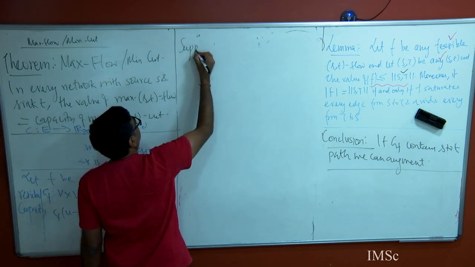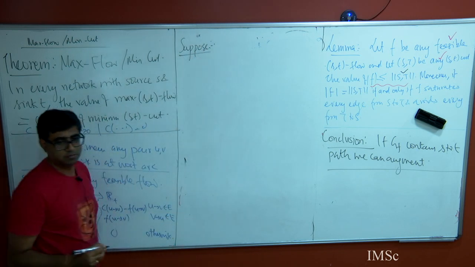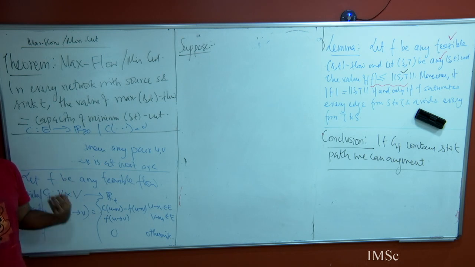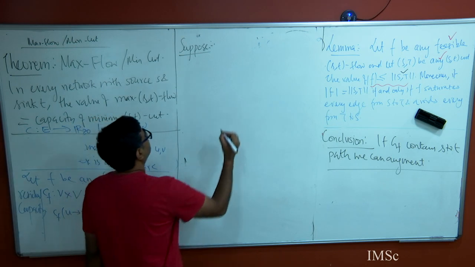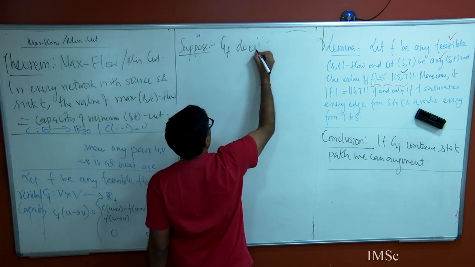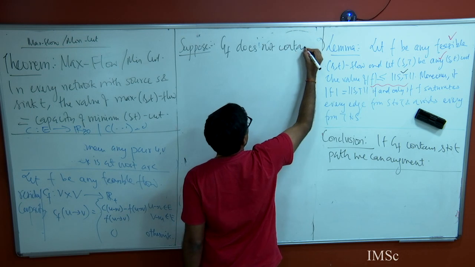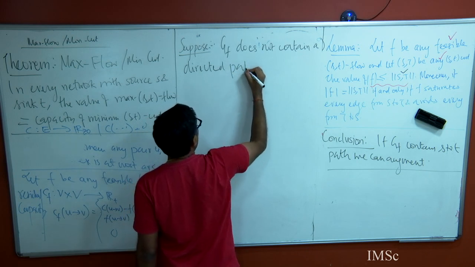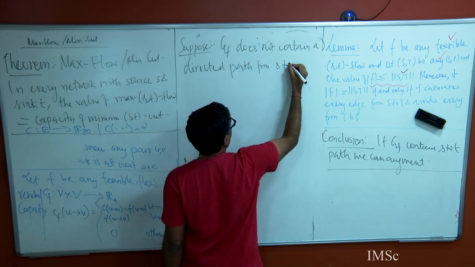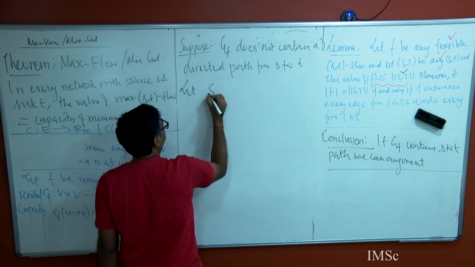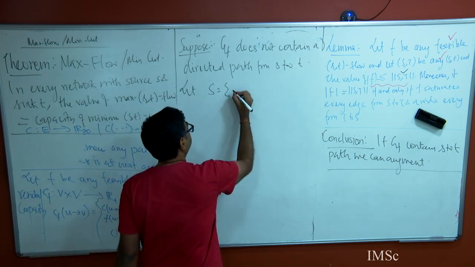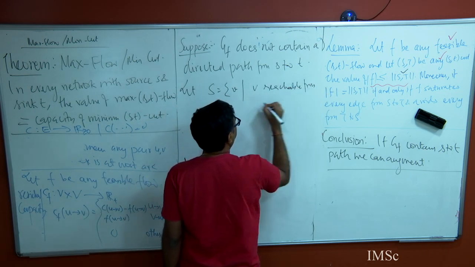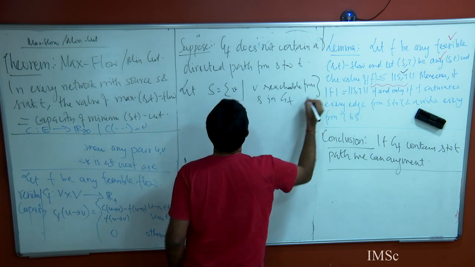Suppose that GF does not contain a directed path from S to T. Let S be those vertices V reachable from S in GF, right?